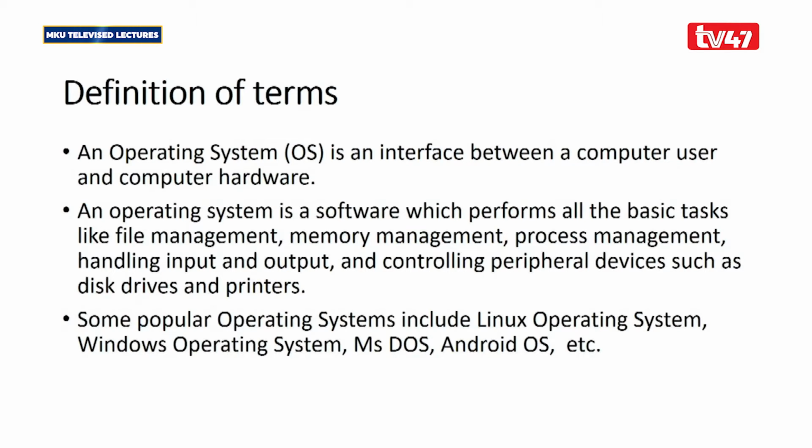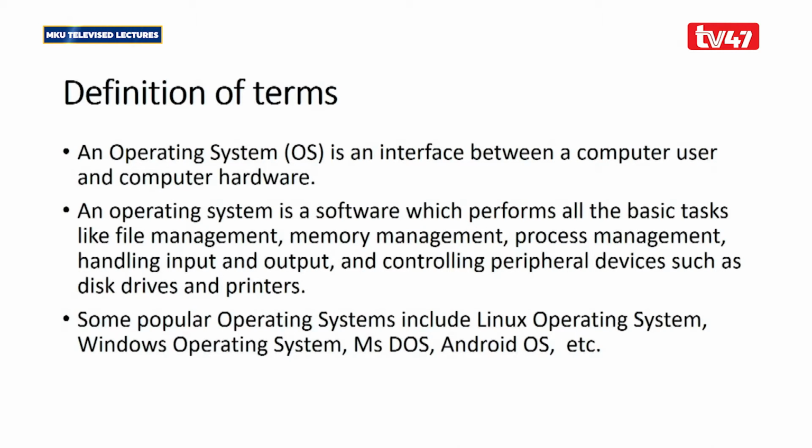So an OS is software which performs all the basic tasks like file management, memory management, process management, handling input and output, and controlling peripheral devices like disk drives and printers. The computer offers us some capabilities like managing files.